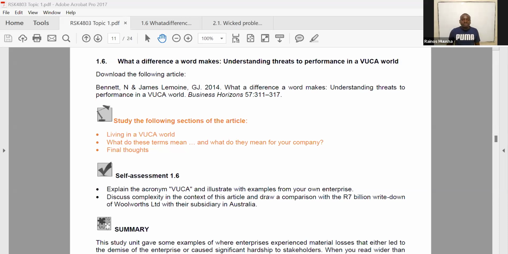And remember, there are those 5 line items that we need to take into account for one to be able to come up with a conclusion to say, this is where we can say risk management has failed.